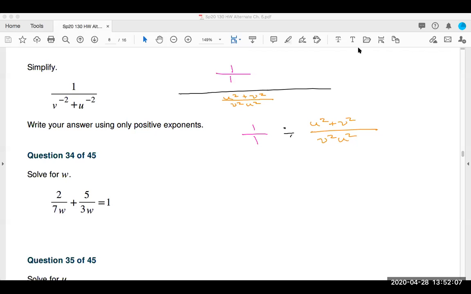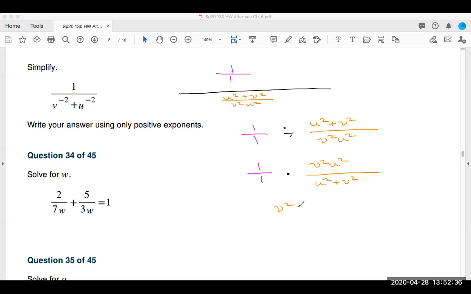Okay, so now we have 1 over 1 times the reciprocal of the second fraction, and then you just multiply straight across.